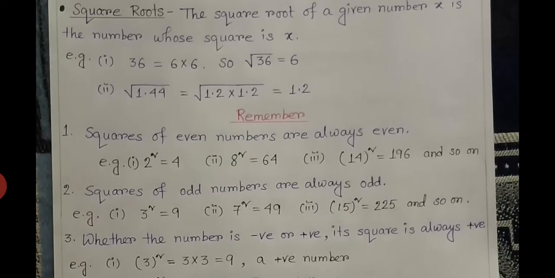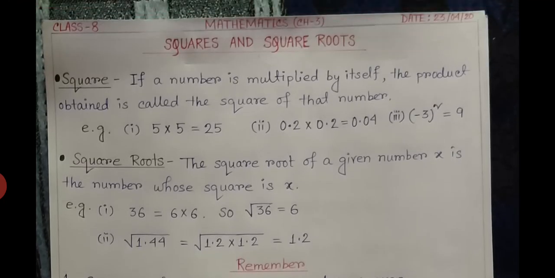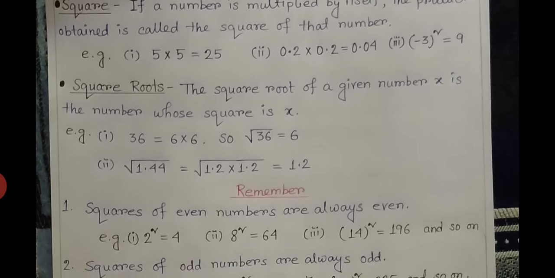So let's recall. First, square. Square means a number multiplied by itself, and the product is called square. Square root.